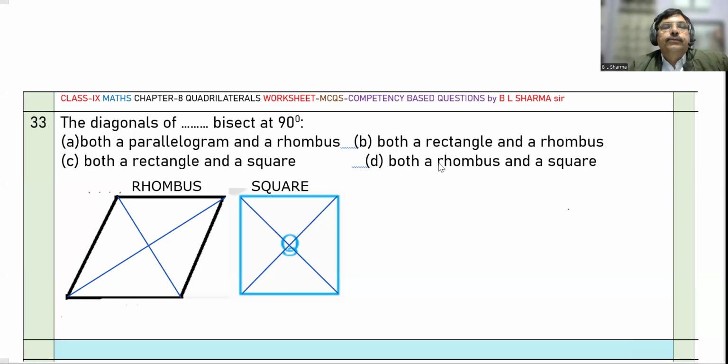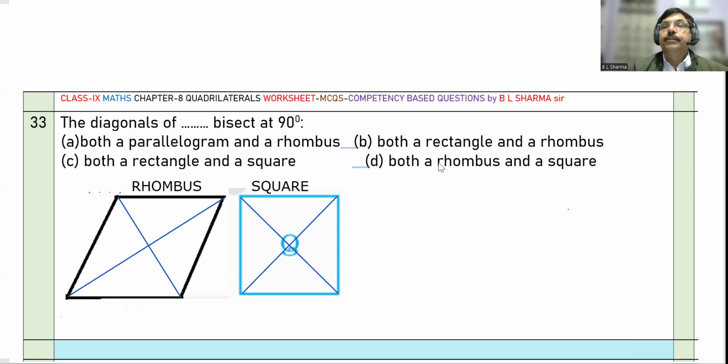The diagonals of which of the following bisect at 90 degrees? We know the diagonals of a parallelogram bisect, but not at 90 degrees. The diagonals of a rectangle also bisect, but not at right angles. The diagonals of a square and a rhombus bisect at 90 degrees.